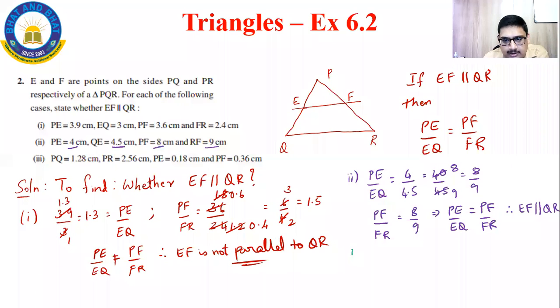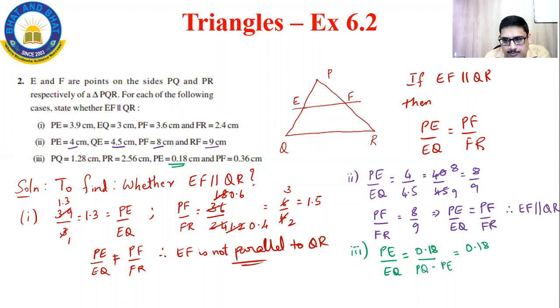Let's go to the third sub part now. For the third sub part also, PE divided by EQ is equal to, so what is PE? Where is PE present? PE is present here. See, they will just mix it up, students. You have to take the right values. PE divided by EQ. So where is EQ? EQ has not been given to me, but PQ is given to me. So the entire PQ is given, but I can find EQ. EQ is nothing but PQ minus PE.